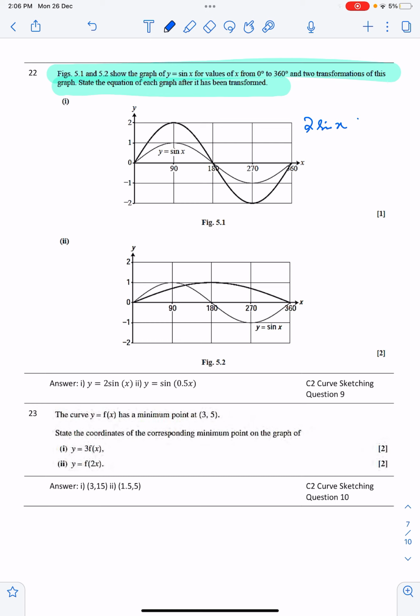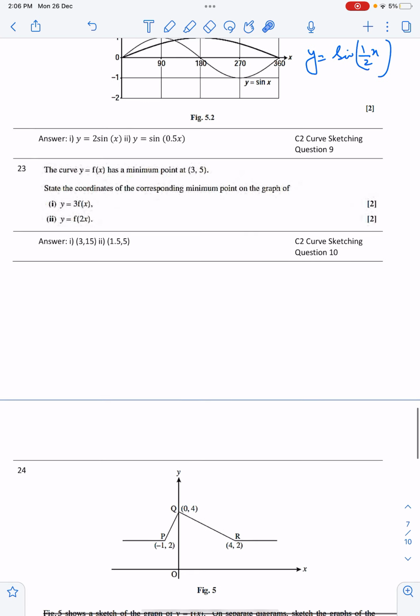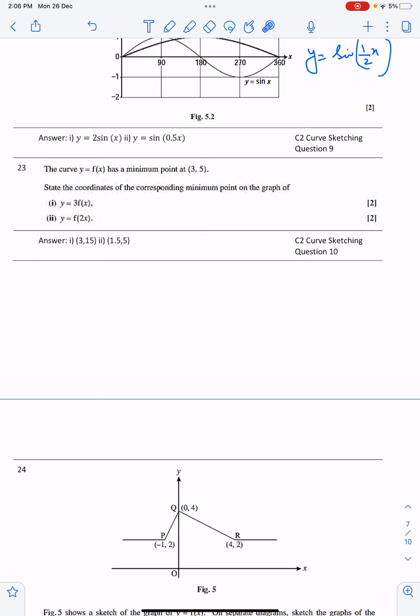You will write y equals sine of, and since the stretch factor is 2, you will write half x inside the bracket. Because whatever the actual stretch factor is, you reciprocate it and then write it down. Question number 23. The curve y equals f of x has a minimum point at (3, 5). (3, 5) is this point.